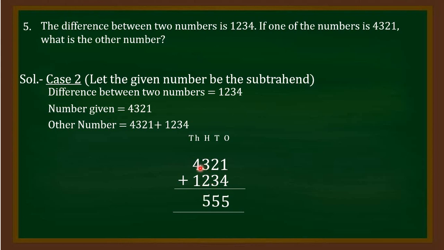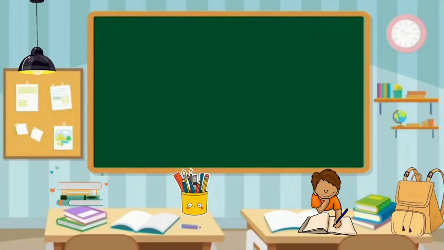And on thousands place, you will get 4 plus 1 is 5. So you will write your answer as: the other number is 5,555. Kids, I hope you have understood how to solve this question. Now, do both of these cases in your notebook.